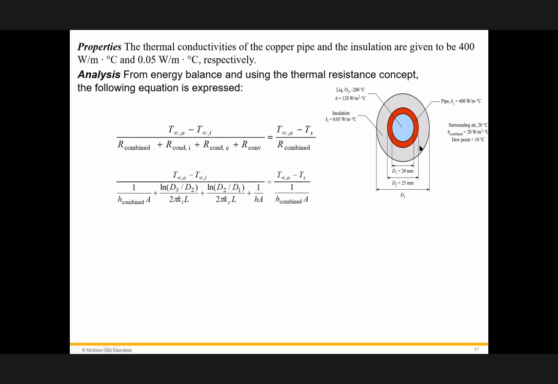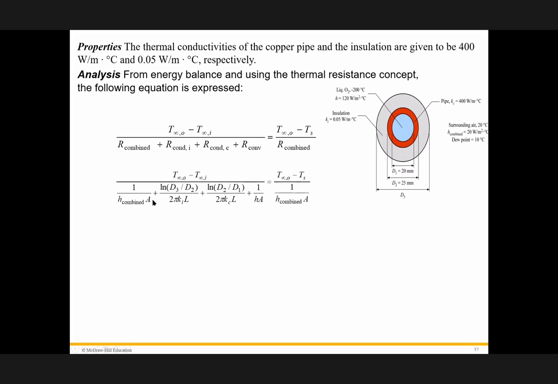That was log of this over this, therefore this is the radius that we have, from here to here. Here the radius is 3, and this radius is 2. This is through the thickness of the copper, R1, R2, or D1, D2, right here. And here again, convective heat transfer to the inside of the pipe.